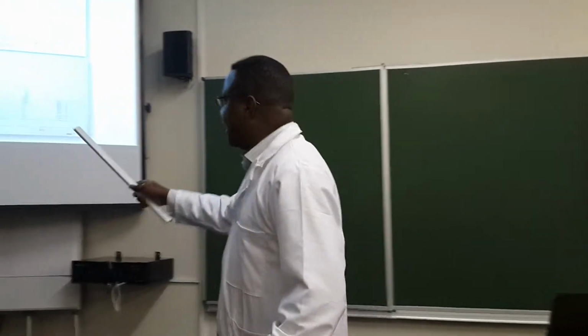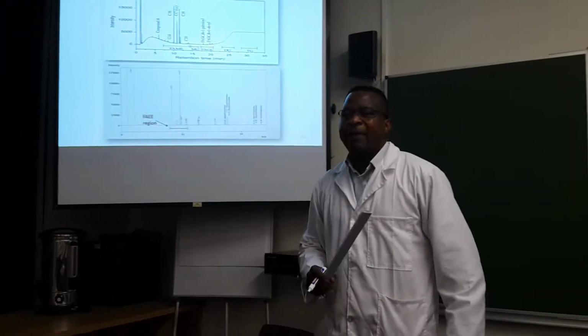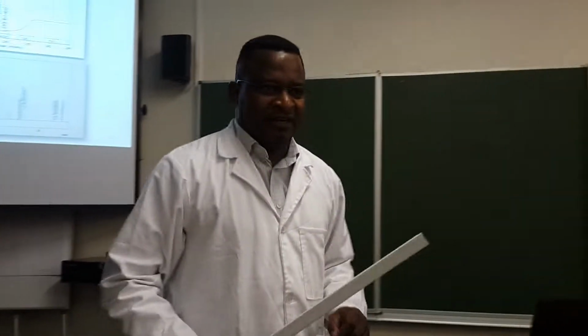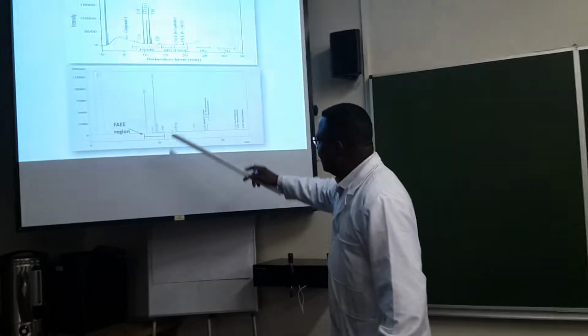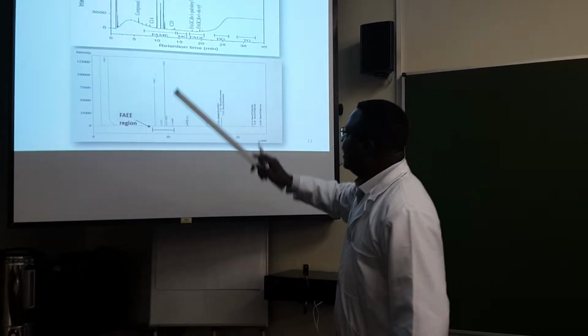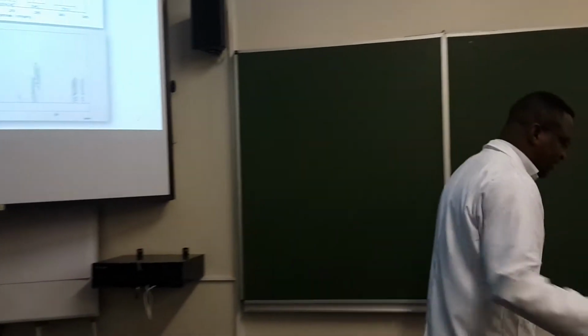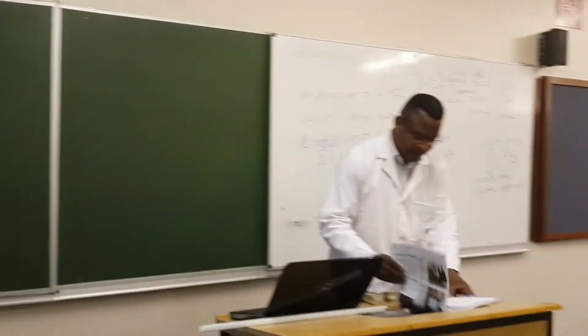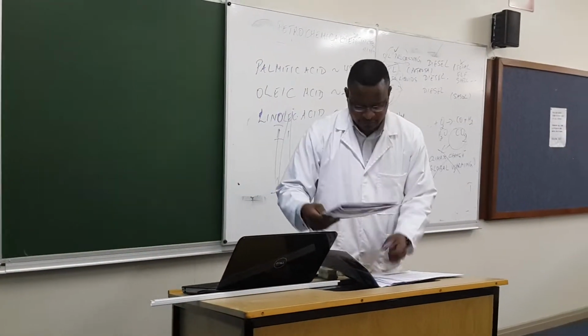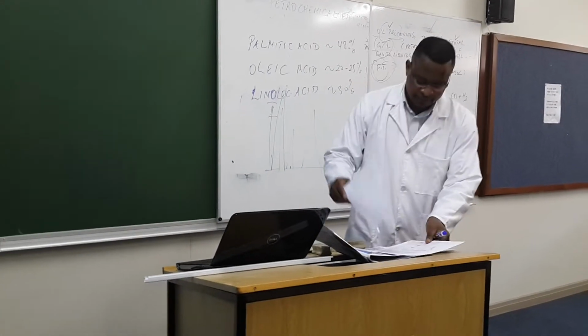Let's say in the case of your biodiesel, how many main peaks are you expecting? 3. Are we together? Here you got the first one, the second, but here it's not even clear. Let me check what they got here. I believe I do have the results. Good.